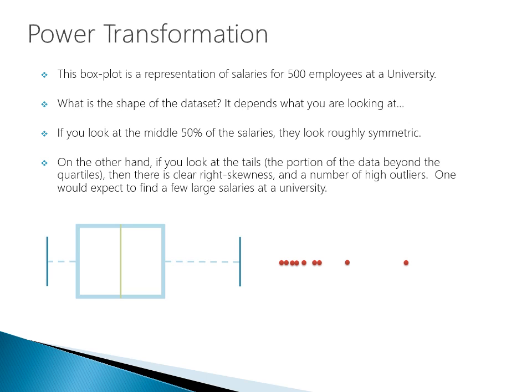On the other hand, if we look at the tails and the portion of data beyond these quartiles, it's clear that we have a right skewness and a high number of outliers. One would expect to find a few large salaries at a university. Just because the data isn't in a normal distribution doesn't mean that it's invalid. If I'm looking at employees of a university, I would expect the outliers to appear to be the highest ranking officials.